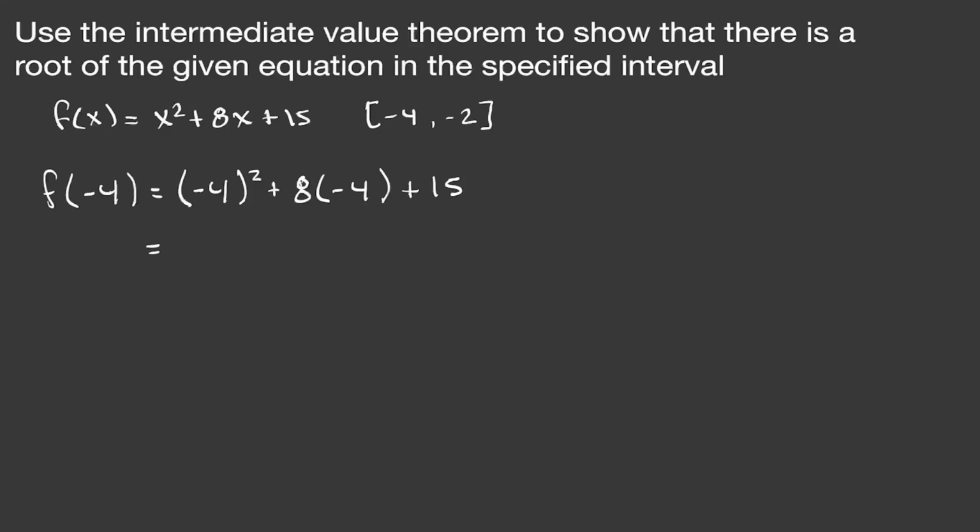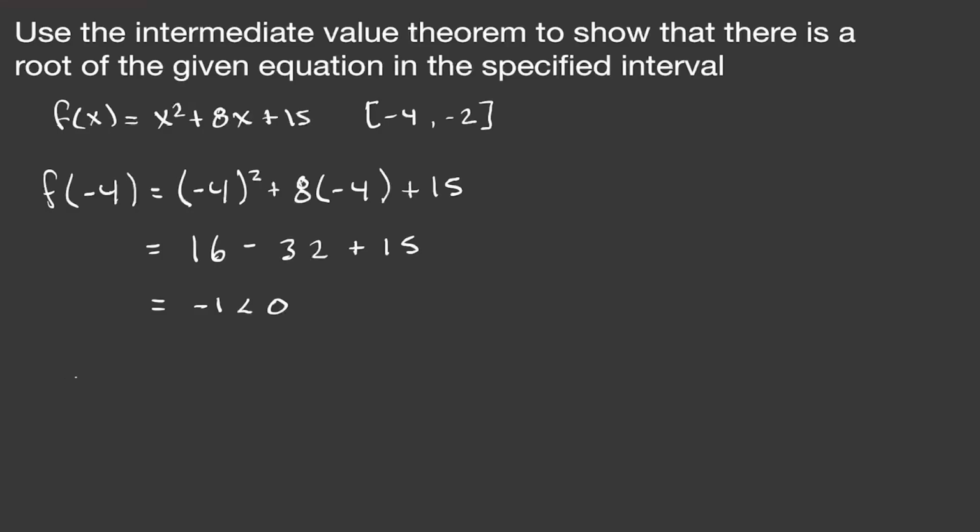Simplifying, -4 squared gives me a positive 16, 8 times -4 gives me a negative 32, and then plus 15. Adding all these values gives -1, which is the value we want to be negative, or under the x-axis.